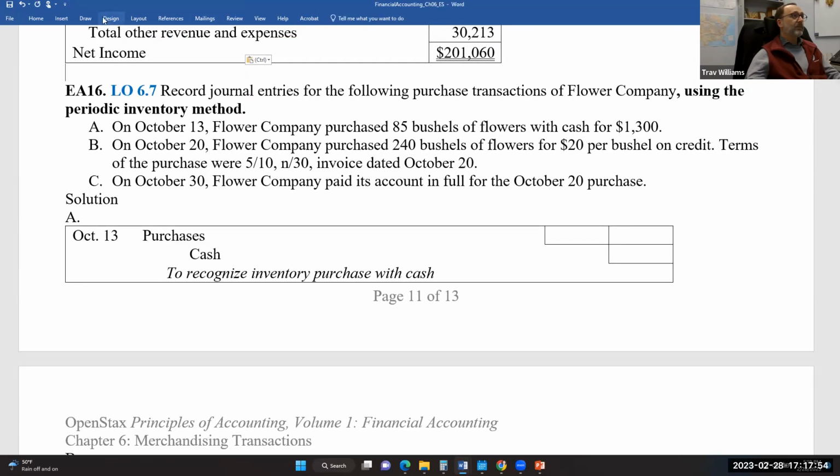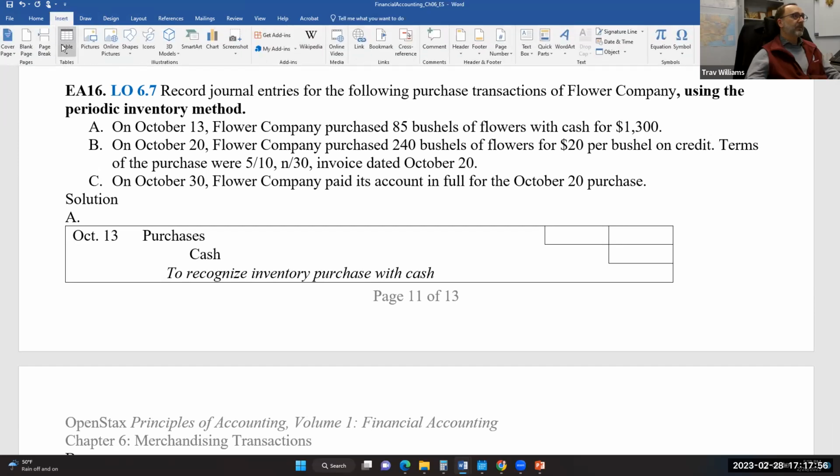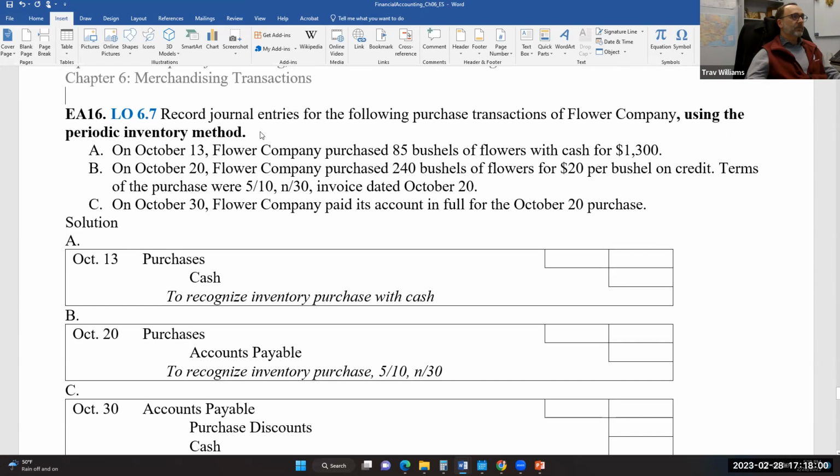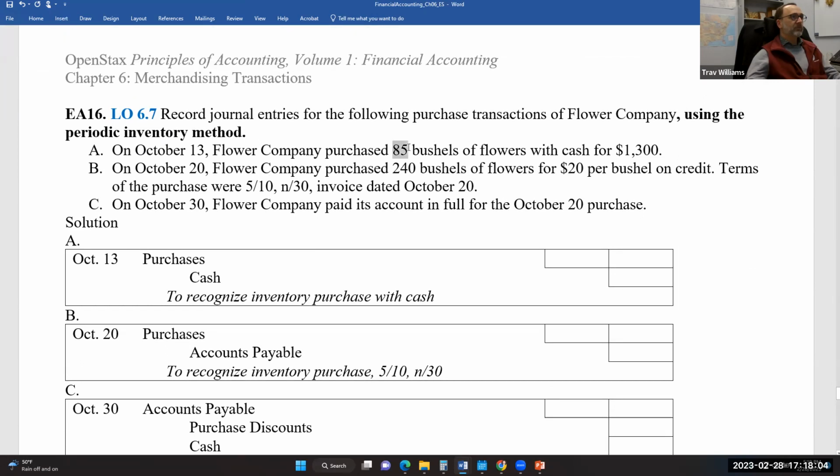Okay, now if you notice, this one says we are using the periodic method. So we are doing some journal entries. This company bought 85 bushels of flowers for $1,300, they gave us the total. So now here's a difference. With the periodic inventory method, instead of debiting merchandise inventory, we debit purchases.